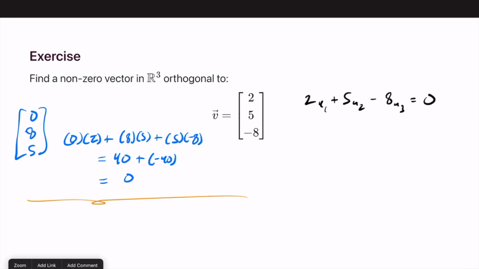Another simple example. Another example could be, let's see, let's do when we're not setting it equal to 0. So let's get 8 times -8 would be -64. So we'll put 8 down here.